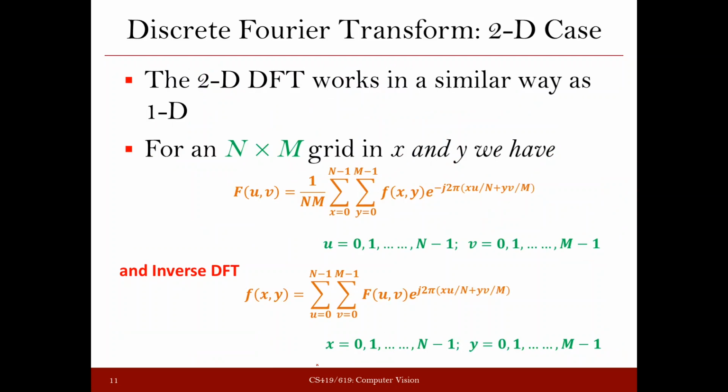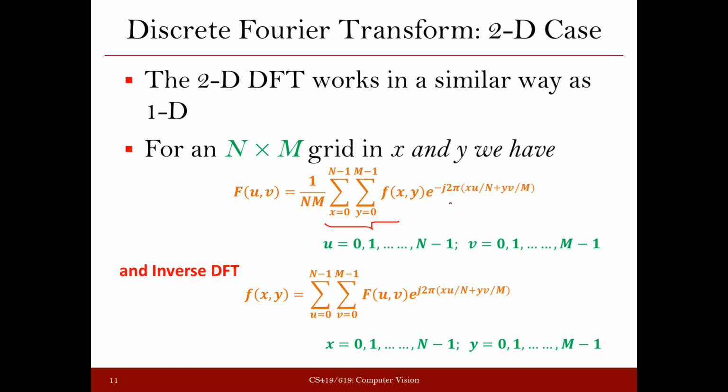Okay, now let us talk about the discrete Fourier transform in the 2D case. To remember this formula, you can compare it with the 2D transform for the continuous case. There we had two integrations, so here we have two summations, one for each dimension.